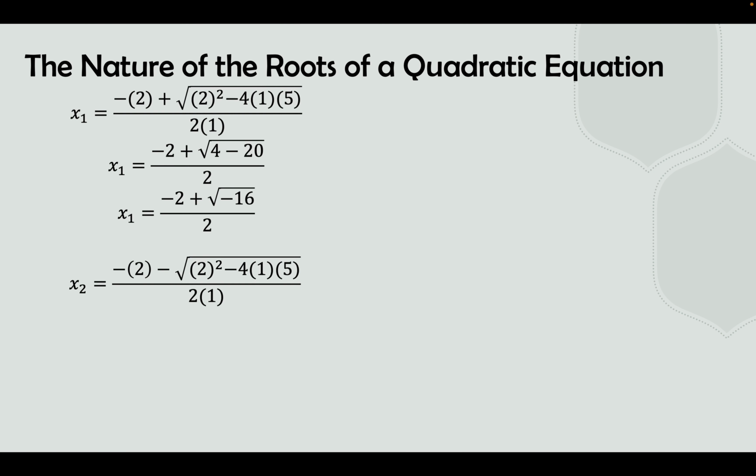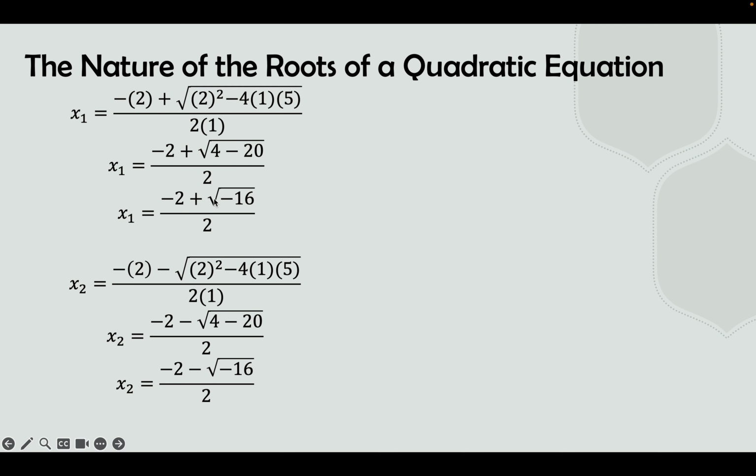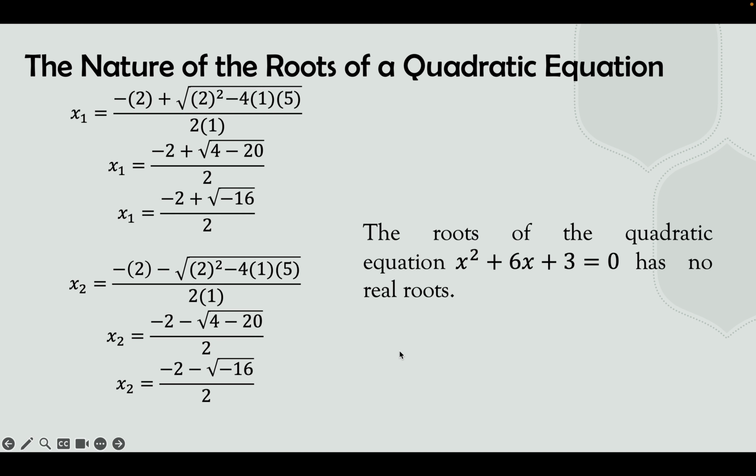So we have now the values of our x sub 1 and our x sub 2. Since we cannot simplify the square root of negative 16, that means directly we can say the roots of this quadratic equation have no real solution, or no real roots.